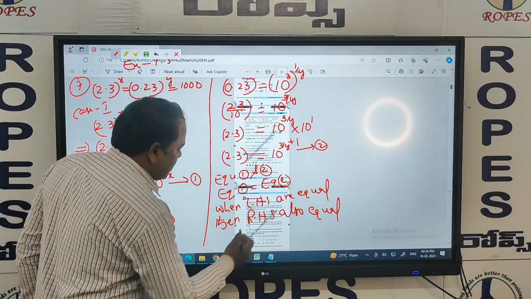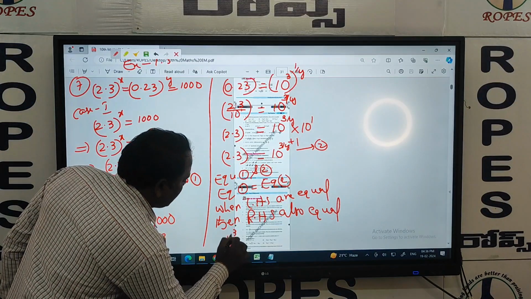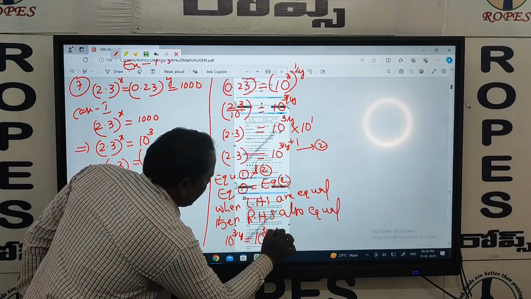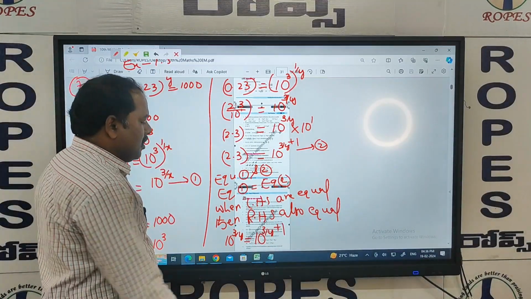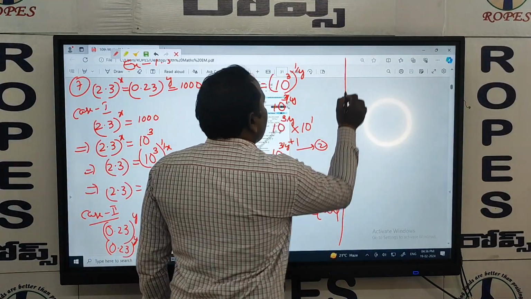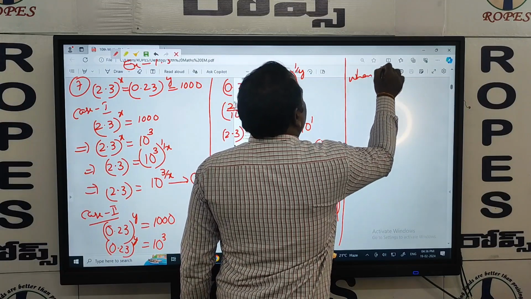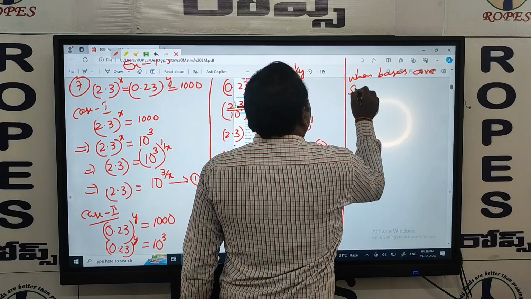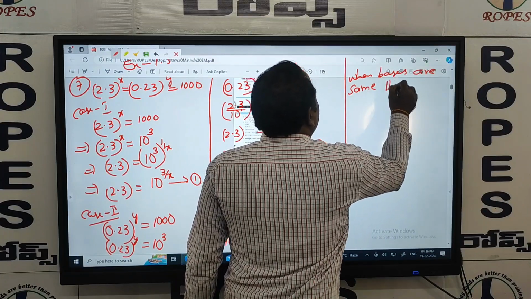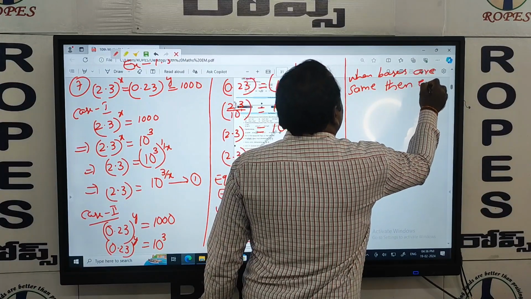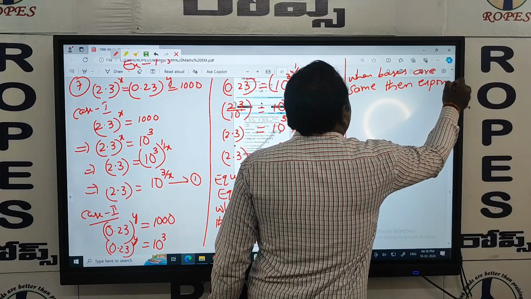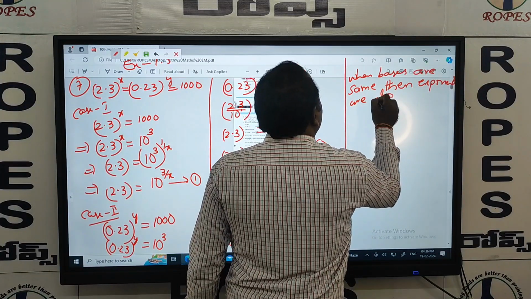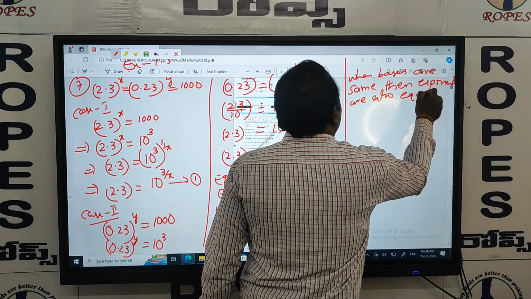So 10^(3/x) = 10^(3/y + 1). When the bases are the same, the exponents are also equal.